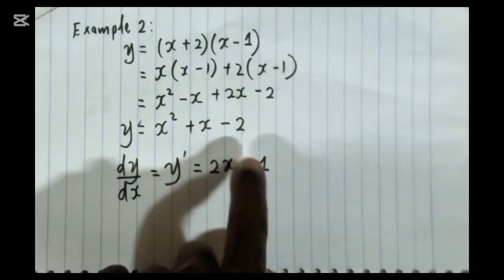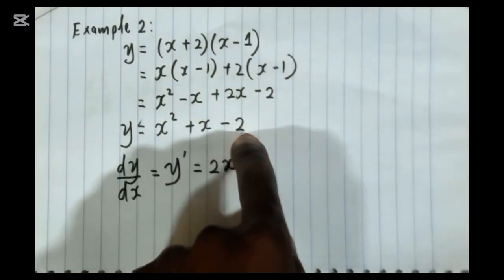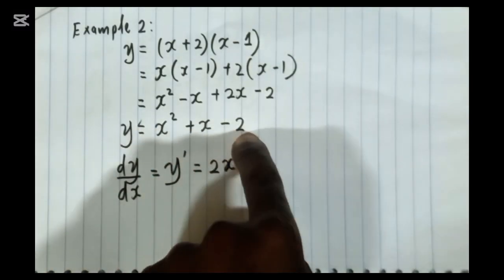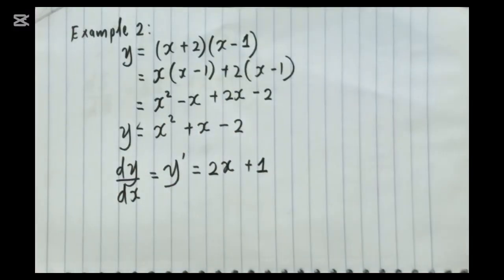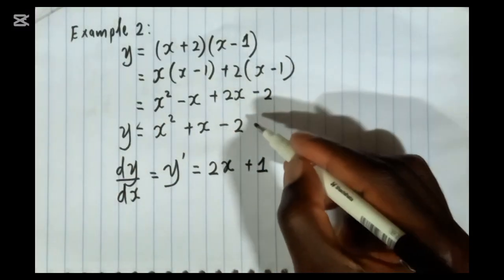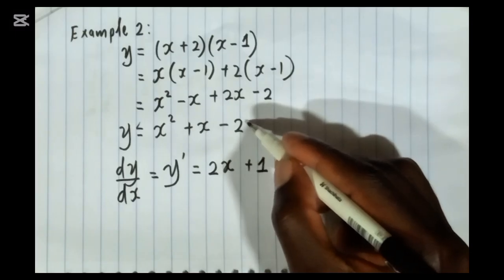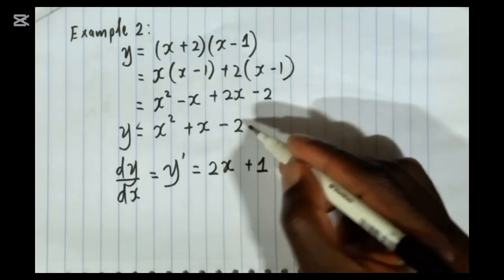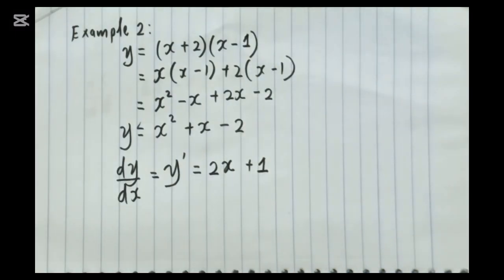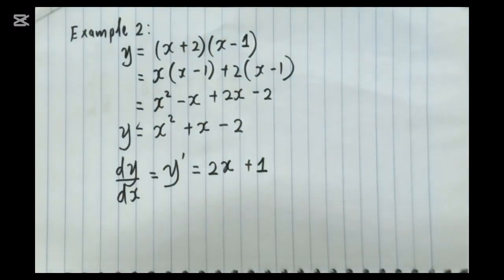Now, the derivative of any constant is always equal to 0. Why? Because we assume that the x variable next to 2 is raised to 0, so 0 times 2 becomes 0.